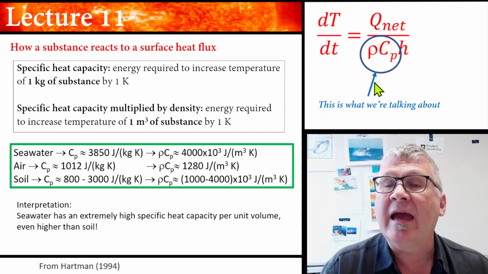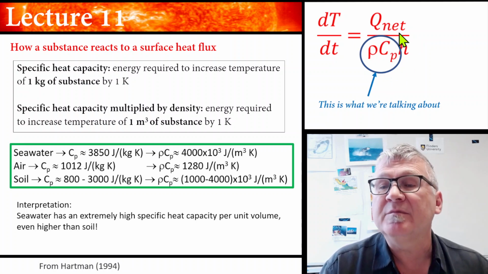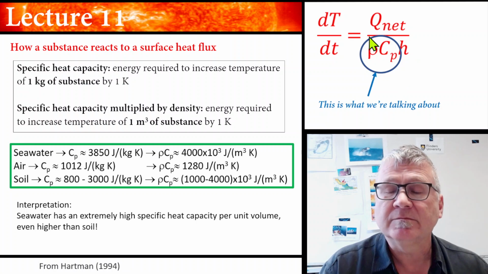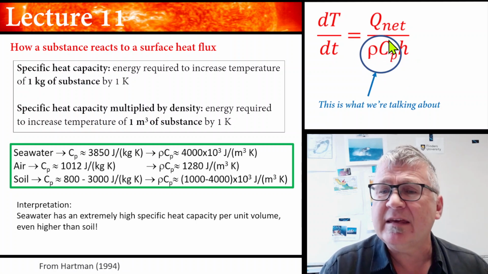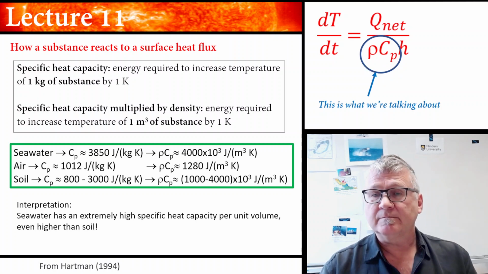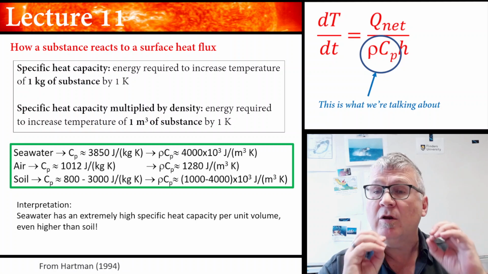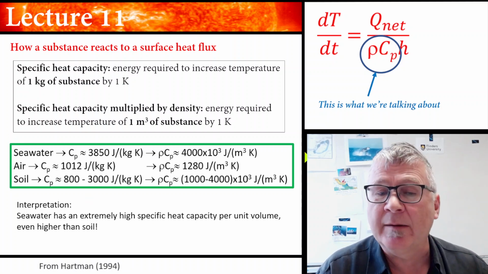And this is what's in here. We're looking at a square meter times the depth or the thickness of your substance. So that's the key. Once you understand that, you can look at the numbers, and this is shown here in this table.